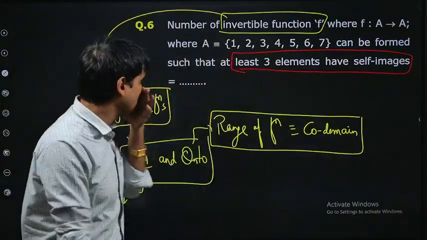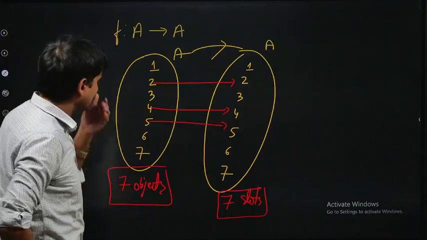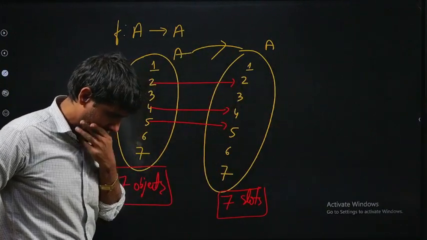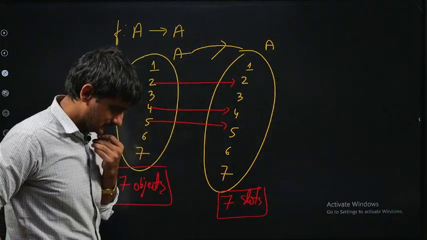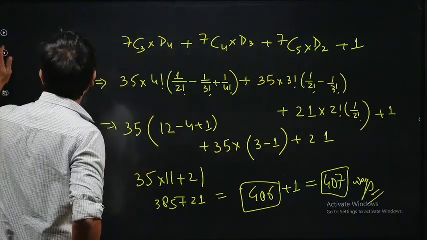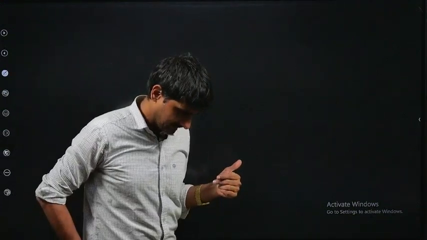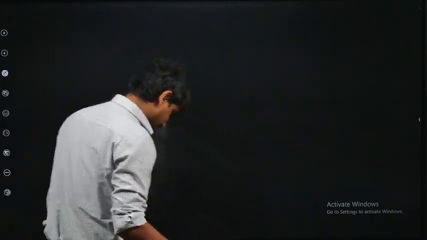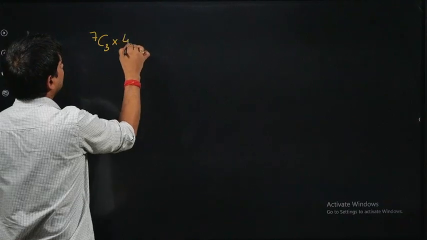Now there was one more method which I tried to apply there. Let me recall what I did. One, I used the arrangement. Second one was at least 3, at least 3 having their self images. So we can go for 7c3 into 4 factorial.